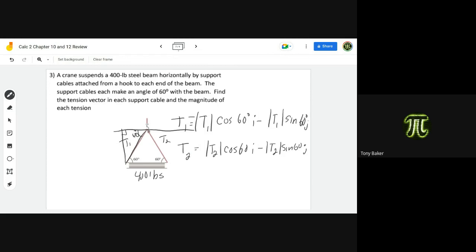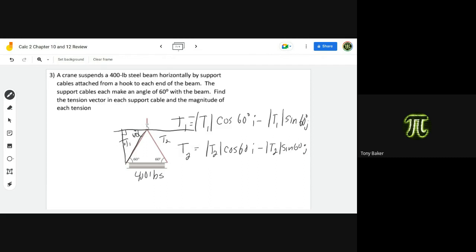So if that's my 0, it's basically in the middle. That's negative on the I, that's negative on the J. That's positive on the I, that's negative on the J. The Y is negative. It doesn't make a difference which one you make negative, honestly.